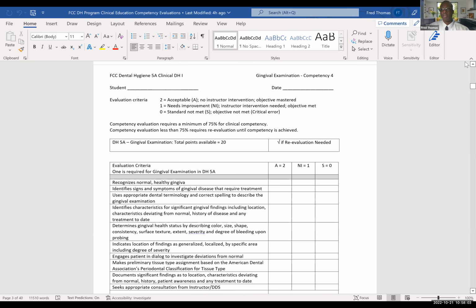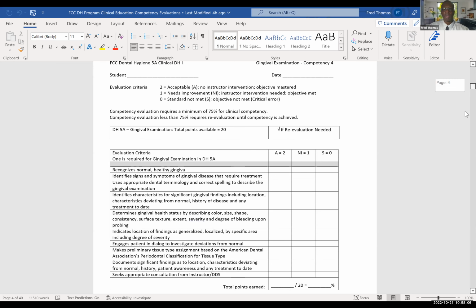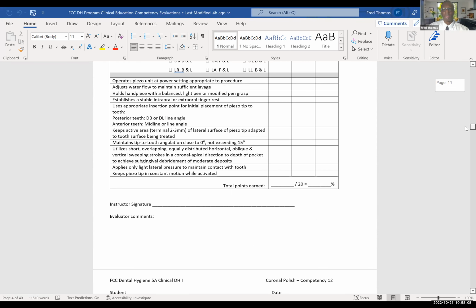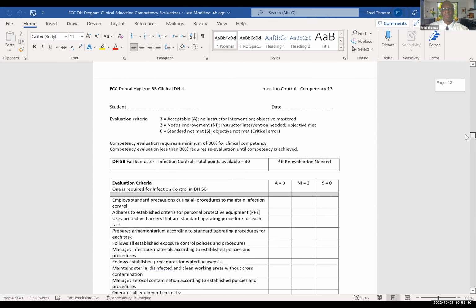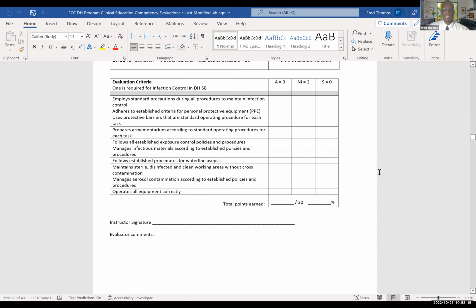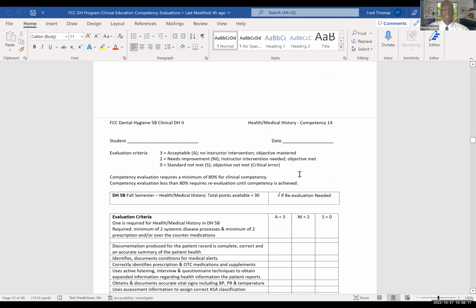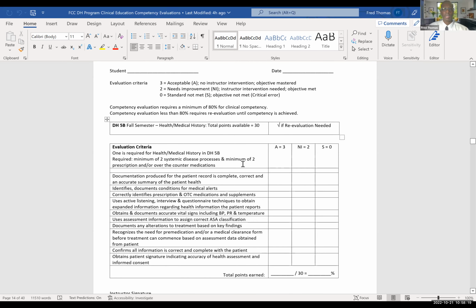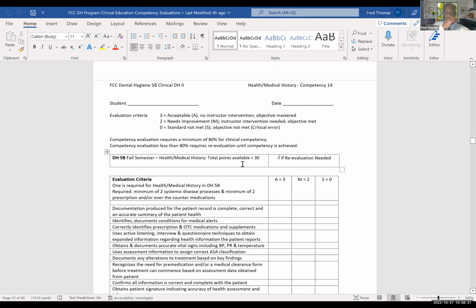An example of the 5B. One with, let's say, infection control, medical health history. So it's a step up. They need to pass it at an 80% competency level. And with this one, they need to have a more complex medical health history.